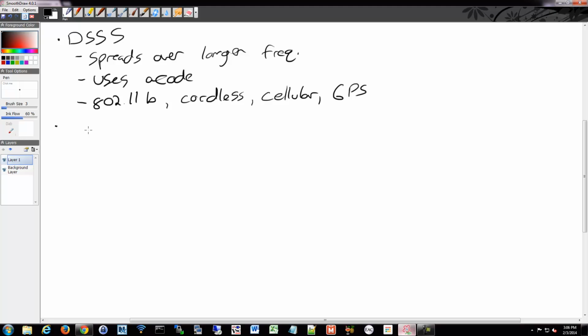There's also frequency hopping spread spectrum, so that's FHSS, and they keep coming out with different methods for each of these new specs. They come out with new ways of trying to use the channels and make them the most efficient, and that's how we keep getting these faster speeds and greater reliability and such. So FHSS is similar to DSSS, but rapidly changes the frequency.